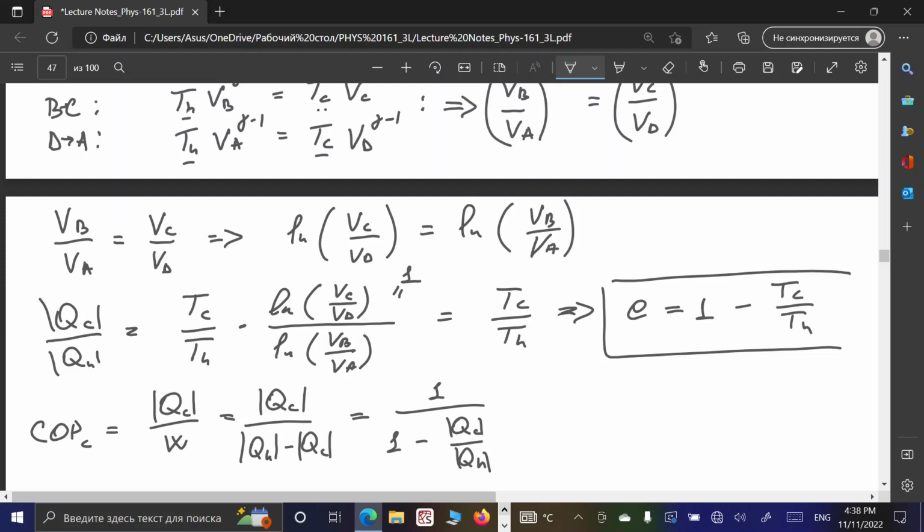And we already have shown that this ratio for the Carnot cycle will be Tc over Th. So we can write 1 over 1 minus Tc over Th. And in another form, we can represent it as Th over Th minus Tc.